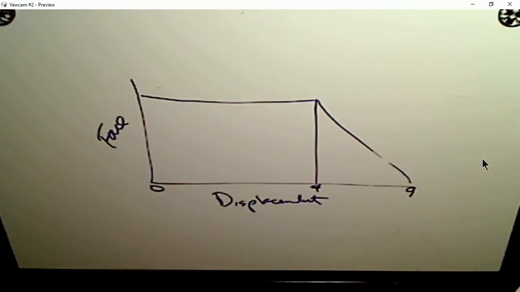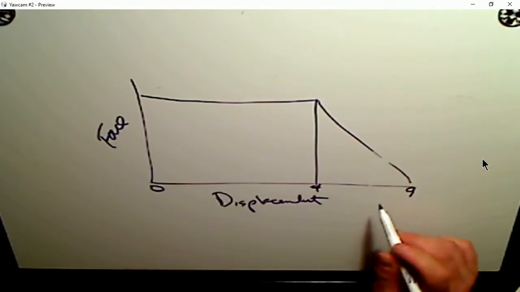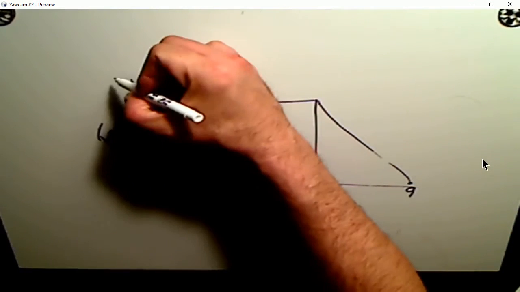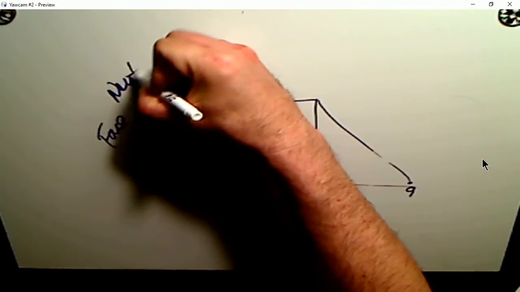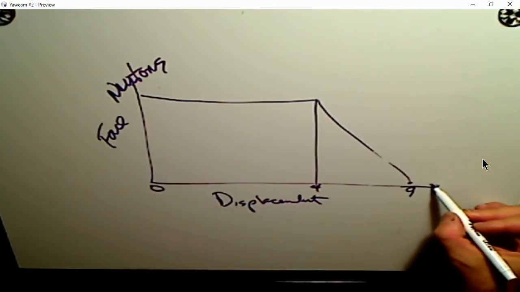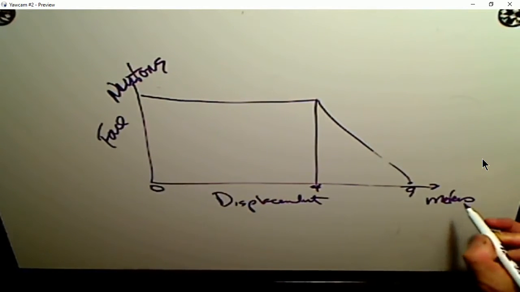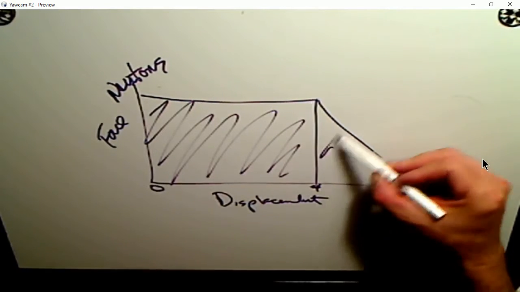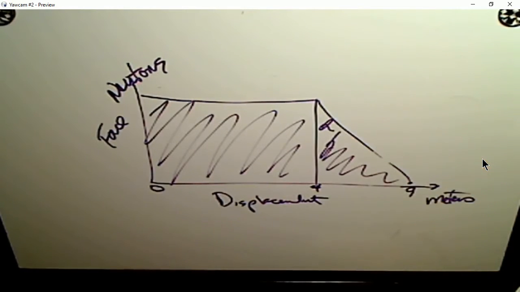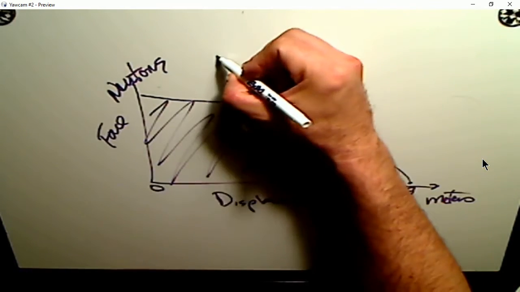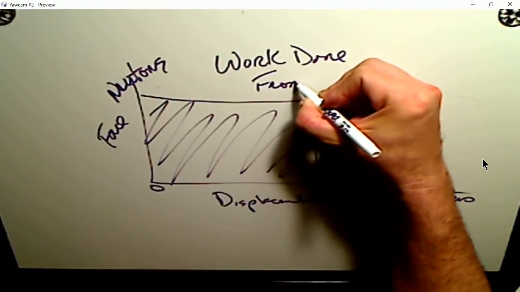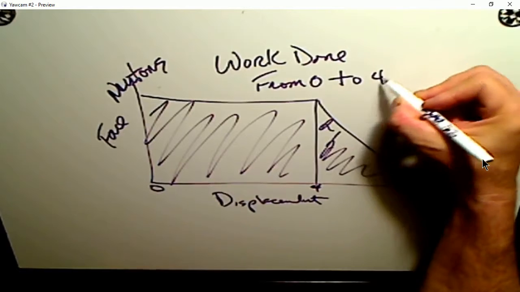And let's do an example. Let's say I am doing this force, and then my force goes down. This is in newtons. This is in meters. And as I said, it's the area under the curve. So, what is the work done from 0 to 4 meters?